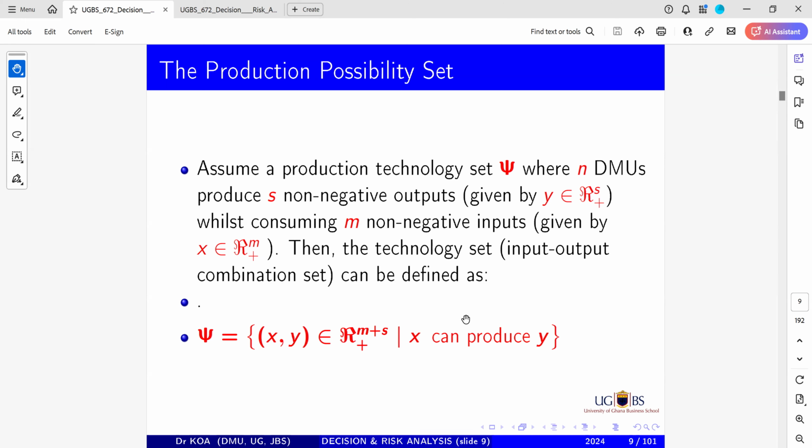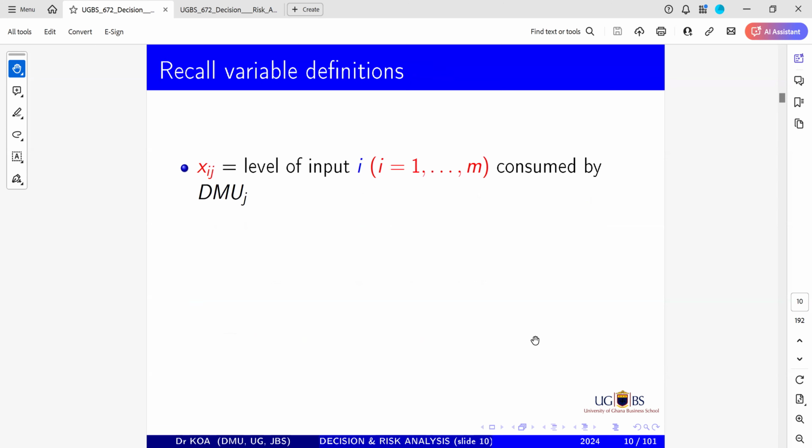We are considering both input and output as desirable. If you don't understand this, let me know, because this is very important. You should know how to write the production possibility set for input and output. This is the mathematical writing of it.